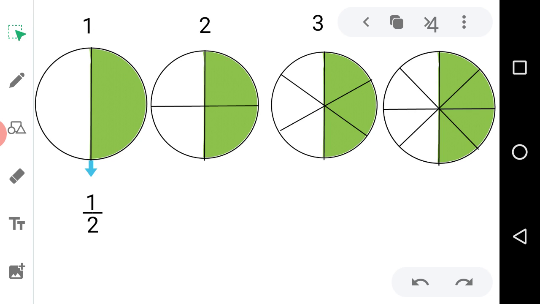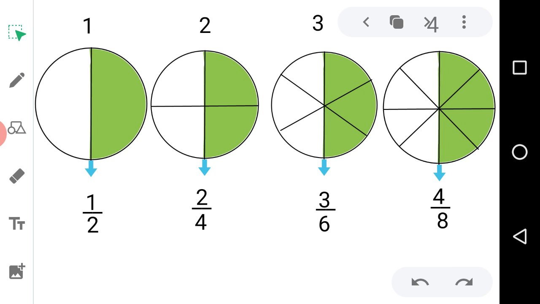In the second one, the circle is divided into 4 equal parts, and 2 upon 4 is the colored part. In the third one, the circle is divided into 6 equal parts, and 3 upon 6 is colored. In the fourth one, the circle is divided into 8 equal parts, and 4 upon 8 is colored.